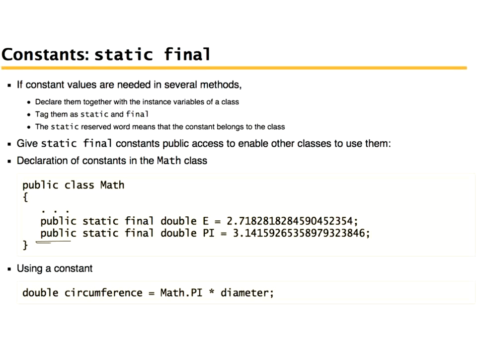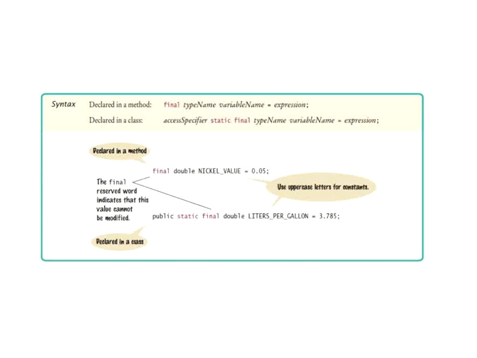You have to declare it public so it can be seen in the other classes. Then you say static final, and then you write whatever you want. Static final stops it from being changed within other classes. Okay, this is the syntax.